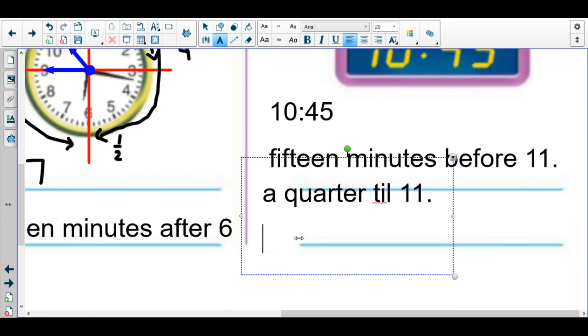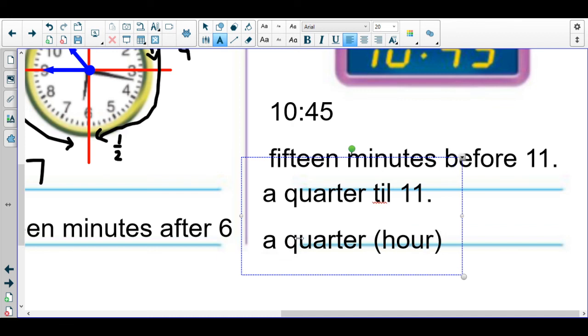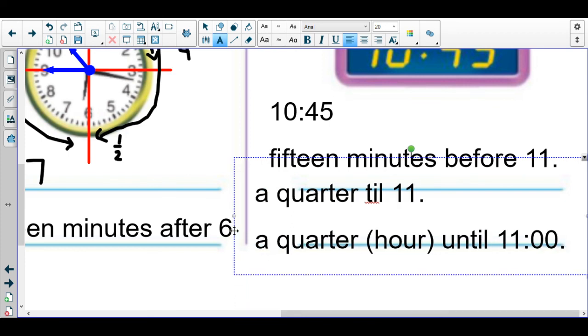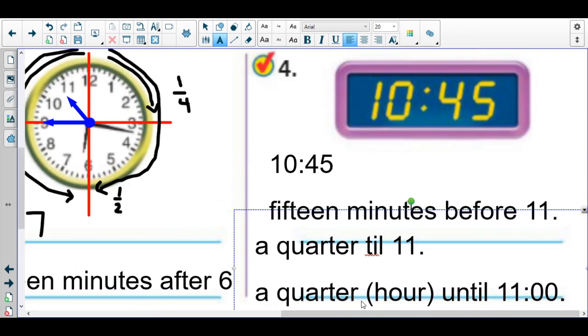And what that really means is a 1/4 hour. Well, what is a 1/4 hour? That's 15 minutes until 11 o'clock. And it just shortened up and we say it's 1/4 till 11. All right. This right here, that's kind of a fancy one. Okay?